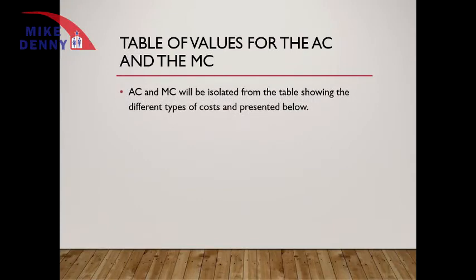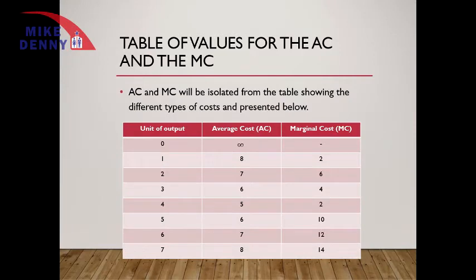So we'll go straight to look at the table of values for the AC and the MC. We are going to go back to our table of cost, and we will isolate AC and MC from that table and present it in the table that is displayed here.